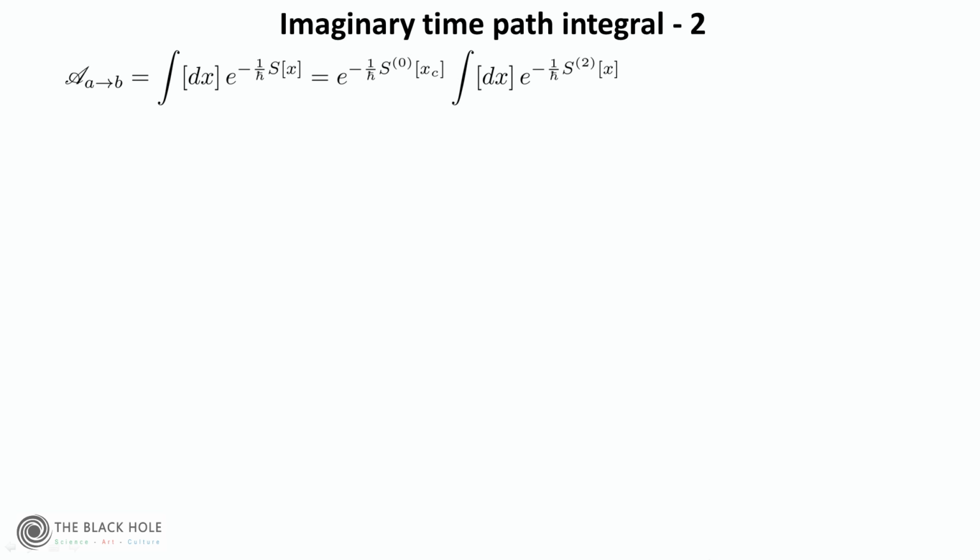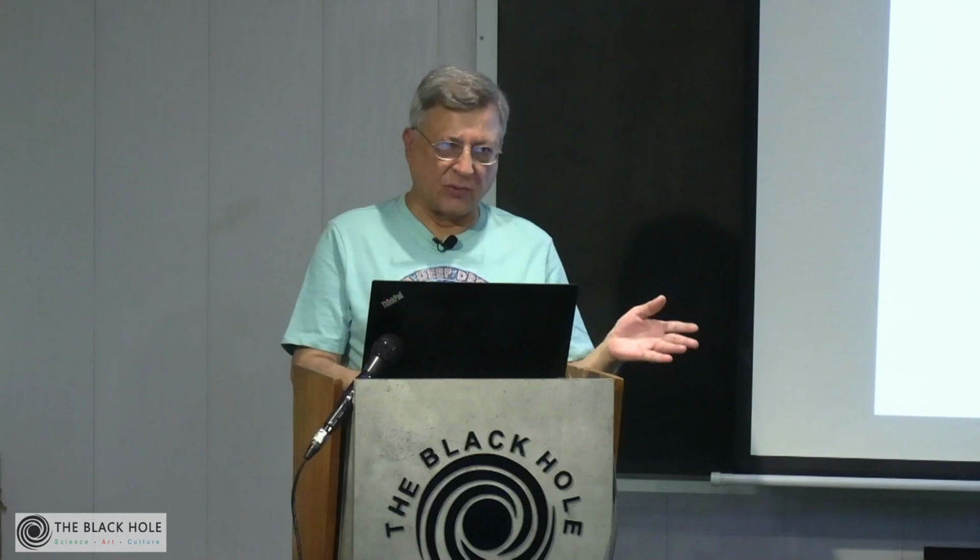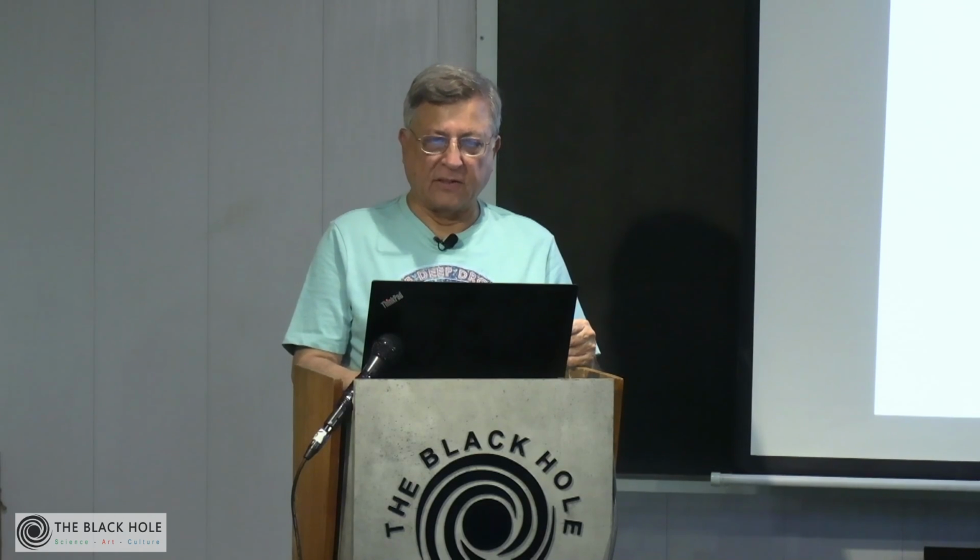Okay, so as last time, we had calculated the amplitude of a particle to go from A to B as the integral of the action. And now instead of S, I'm going to put S0 plus S2. Again, remember there's no S1 because S1 determines the classical path.